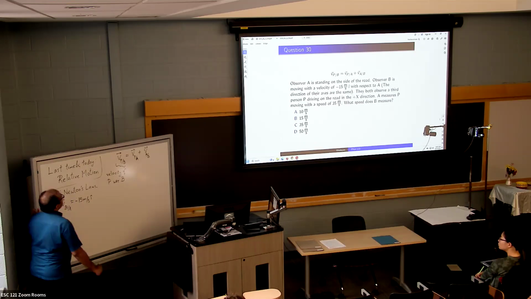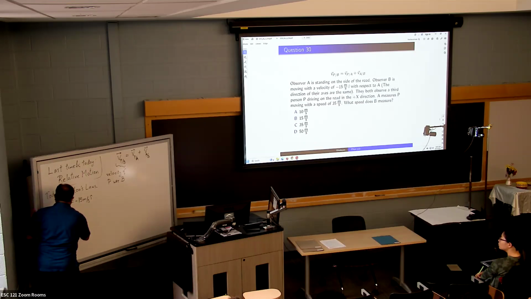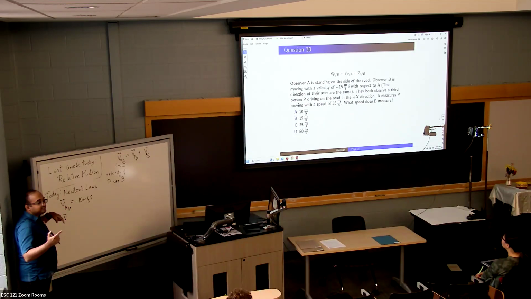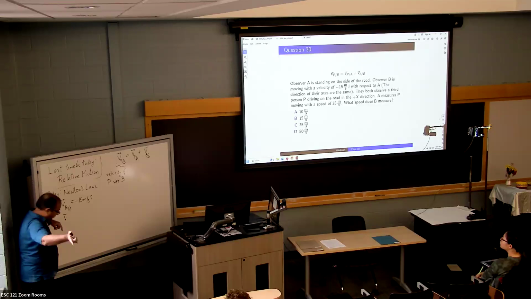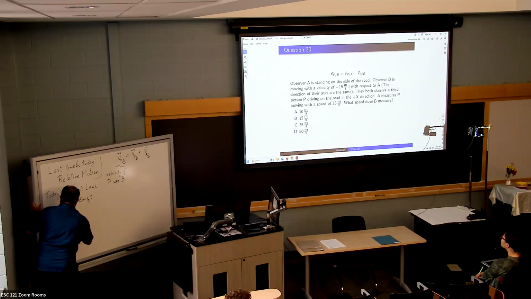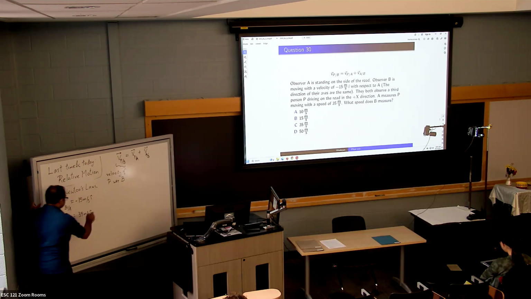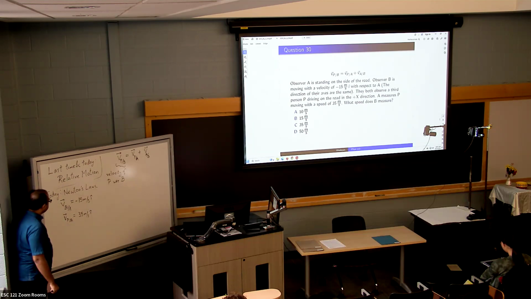I also have the velocity of, what other velocity do I have? Whose velocity? P with respect to A, yes. So 35 meters per second, and we're told that P is moving in the positive I hat direction, so I can put it as positive I hat there.